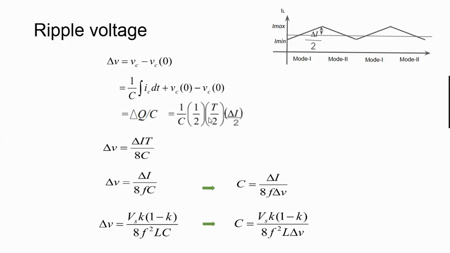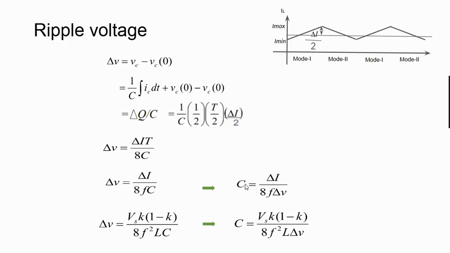So del Q is half B H, where B is T by 2 and H is del I by 2. So half into T by 2 into del I by 2, divided by C, is nothing but the del V expression, which will be equal to del I T by 8C, or we can write T as 1 by f. So del V is equal to del I by 8 f C.